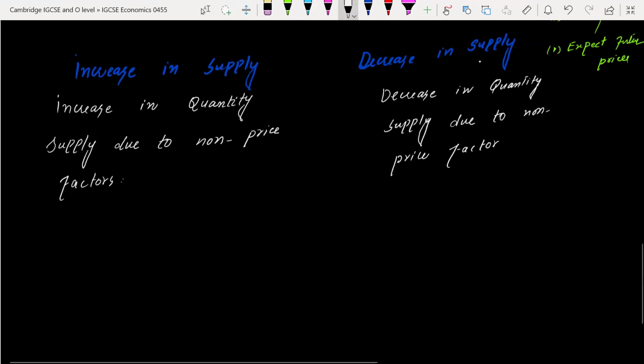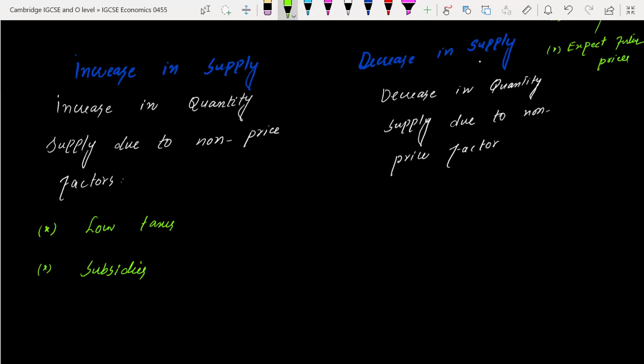Suppose, for example, if there are low taxes, the supply will increase. If there are subsidies by the government to the firms, the supply will increase.